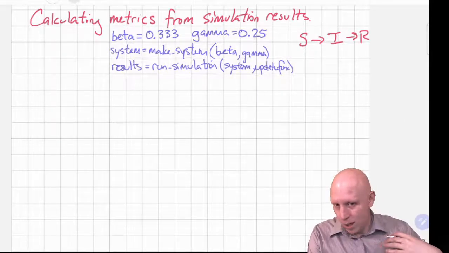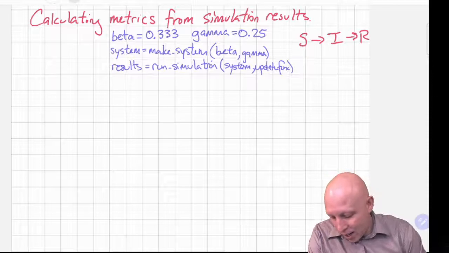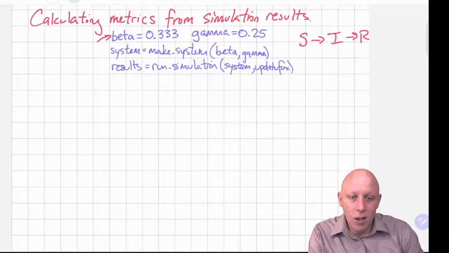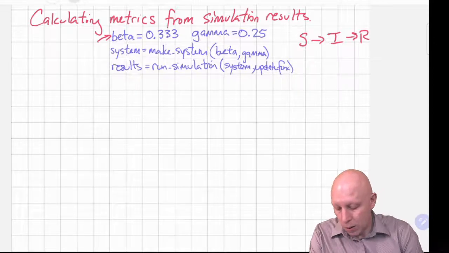So if we want to run our simulation, here's what we do. We define what our beta and gamma are, which are dependent on the type of disease and the type of society that the disease is going around in.